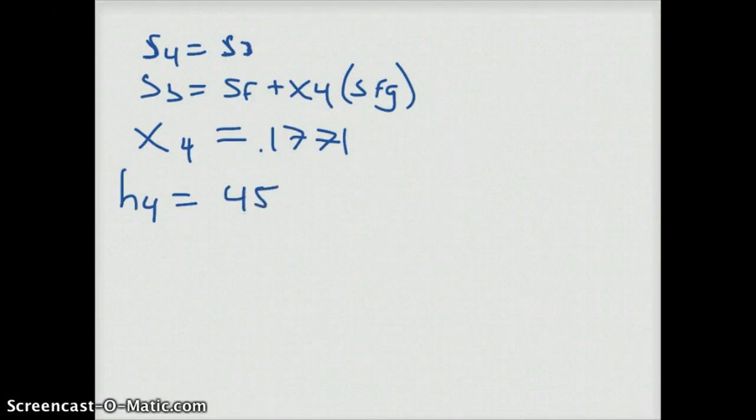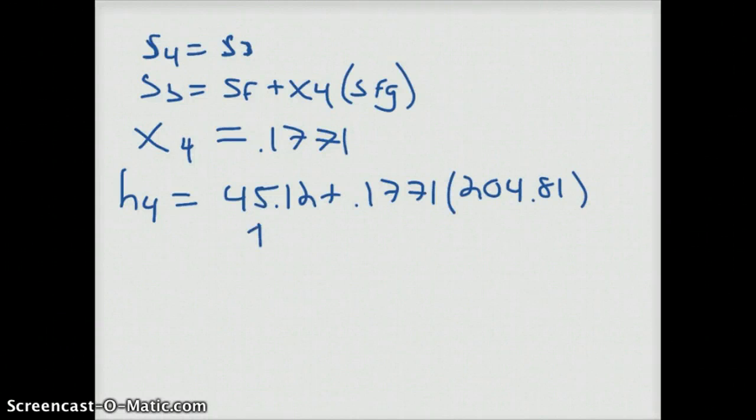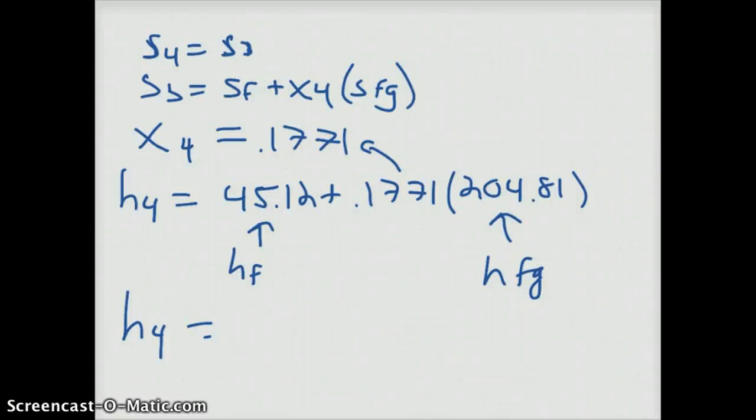We plug in our values. 204.81, again this is our HF. This is our quality that we just found. This is HFG. We finally found that H4 is equal to 81.39 kilojoules per kilogram.